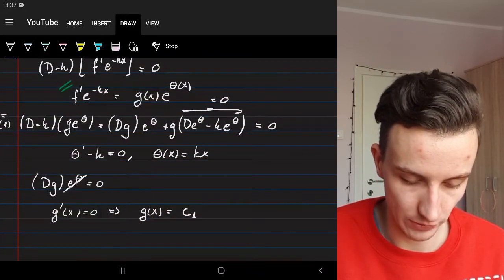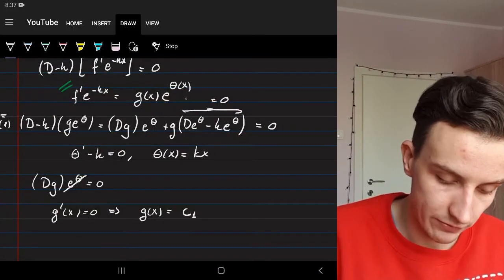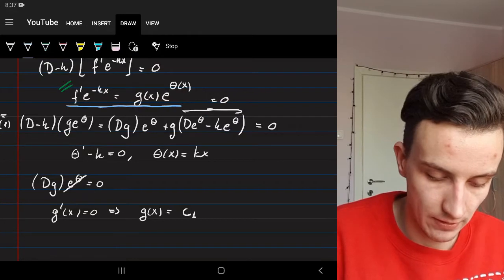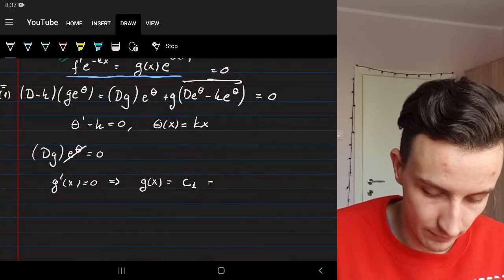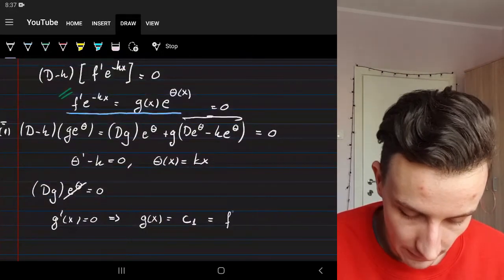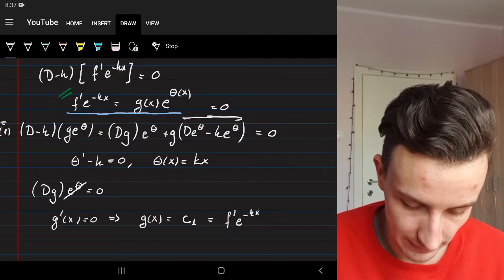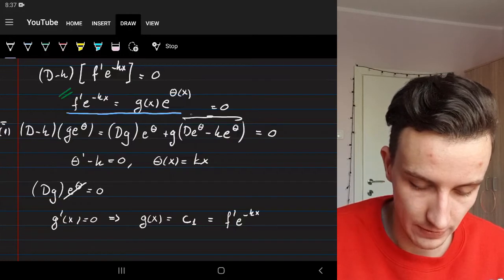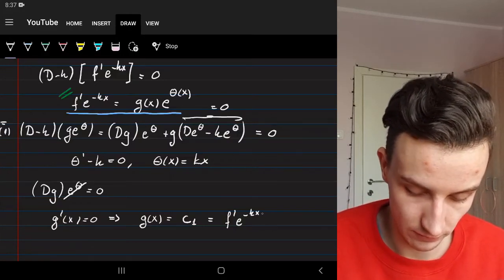Sorry, I'm a little bit unorganized. So from here, from this one, we express that g of x is f prime e to the minus kx. Let's plug in theta. Theta is kx, right?